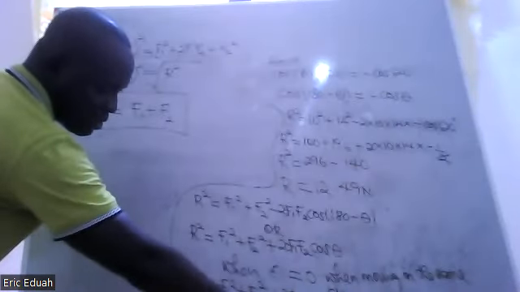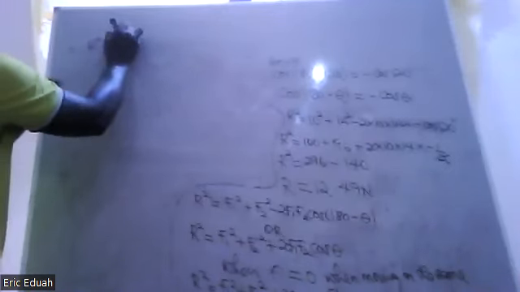Please, are you okay? Akofola, do you have any question? What's the question? I think I lost the explanation on why we were squaring F1 plus F2. Okay. So when we put in 0, we got that the square of the resultant is this.